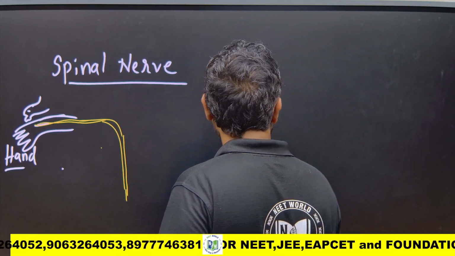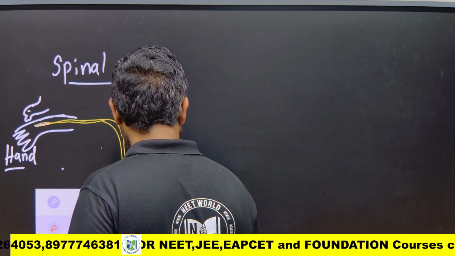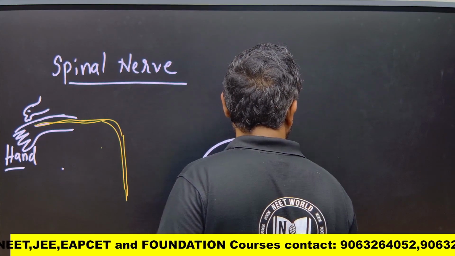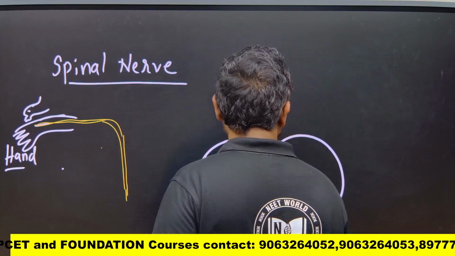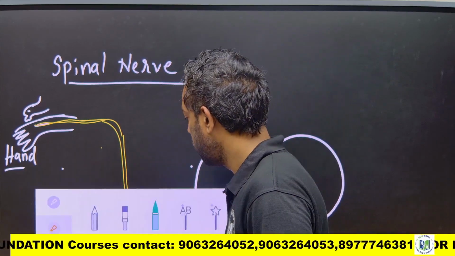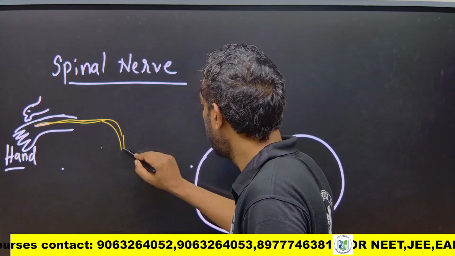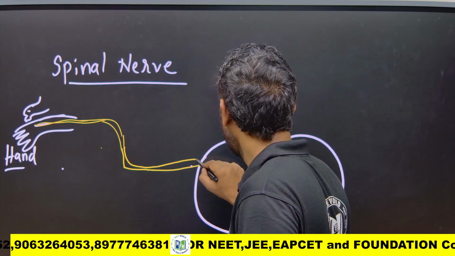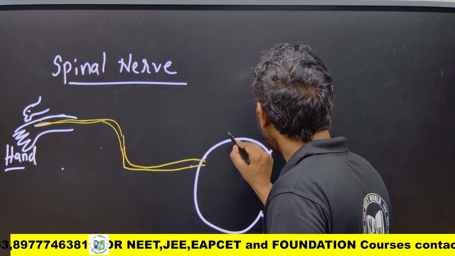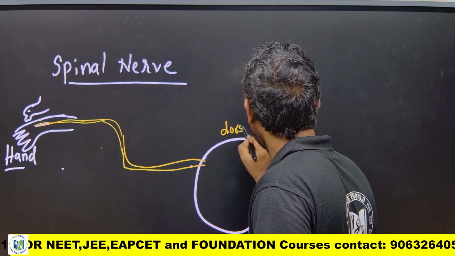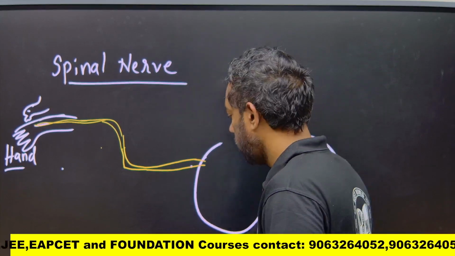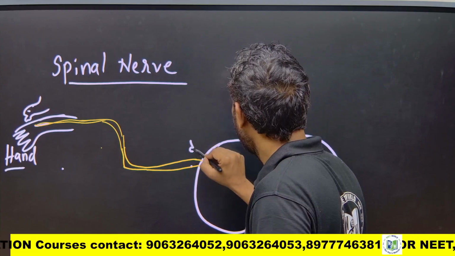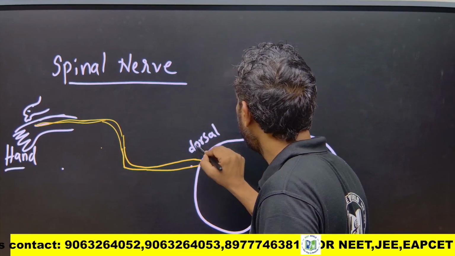This is the spinal cord, and this is the dorsal part, the dorsal root of the spinal cord.